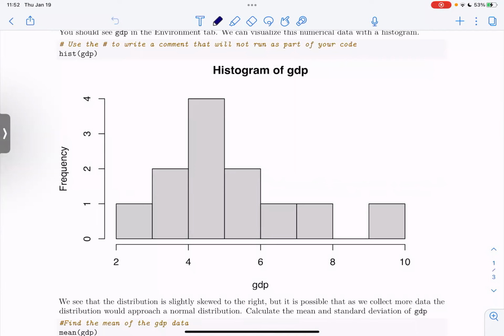And for that reason, I want you to be really hesitant to talk about this one data point. It's only one, right? And so the argument is going to be, okay, well, if I collected more data, I would expect it to even out, right? And so I would expect it to approach a normal distribution. Okay?